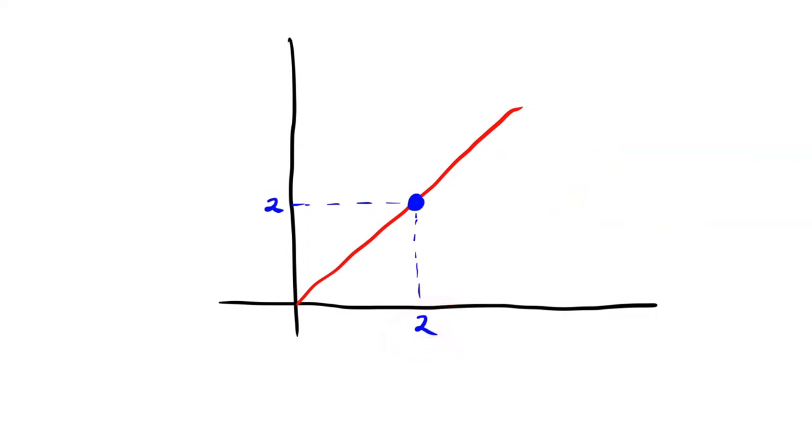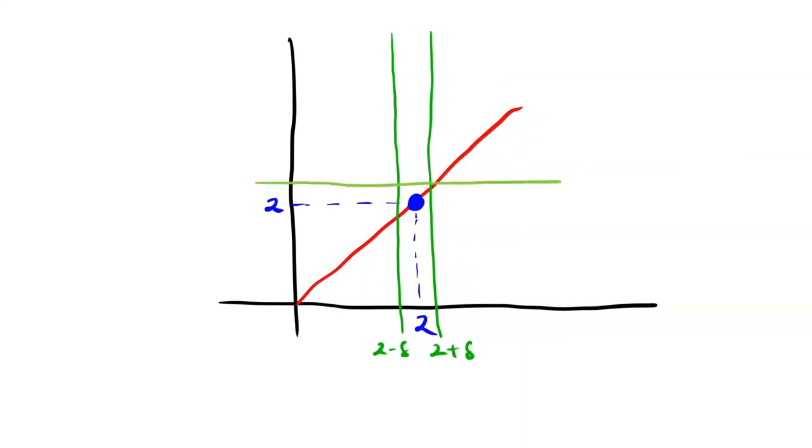So what I want to show is that if we find a delta such that we have 2 minus delta, 2 plus delta on this side, and if we have any epsilon greater than 0, on this side, this is going to be 2 plus epsilon, 2 minus epsilon.